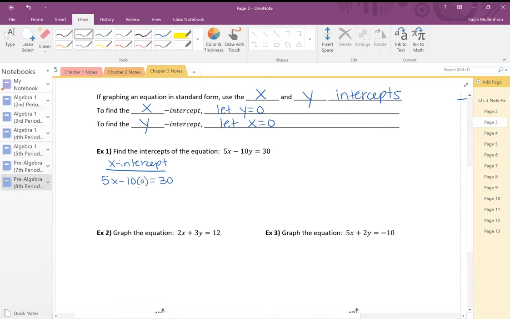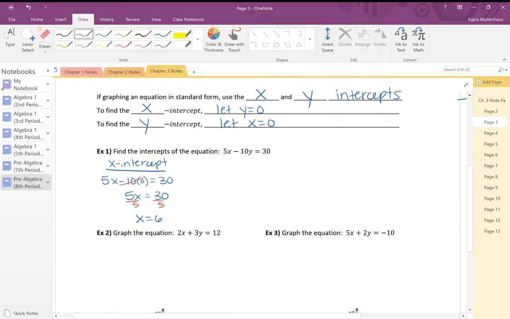Every single time you plug in 0 for a term, it's going to disappear because you're multiplying it by 0. So it just becomes 0, and now it's gone. So that whole part is gone, and you're just left with 5x equals 30. Once you divide both sides by 5, you get that x is equal to 6.